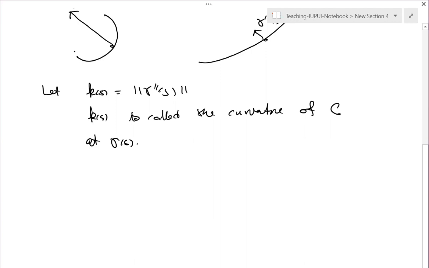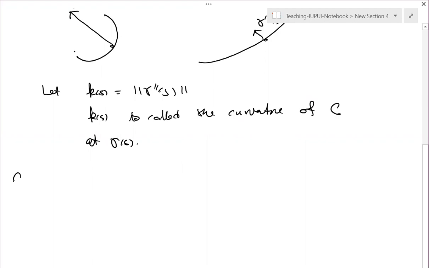All right. Now, let's take a look at an example. We want to know that this quantity indeed is a good quantity, one that tells you the truth of how curved the curve is.